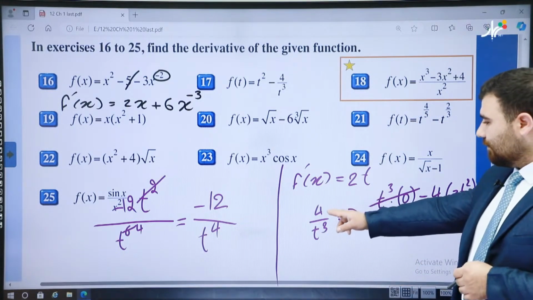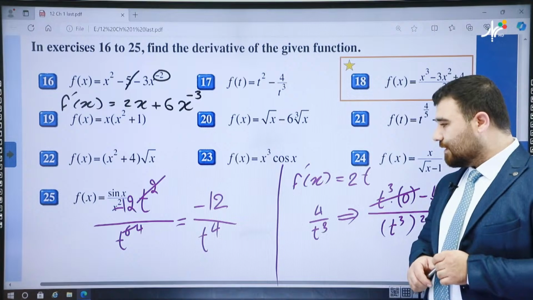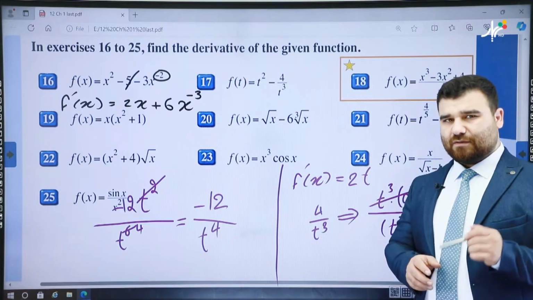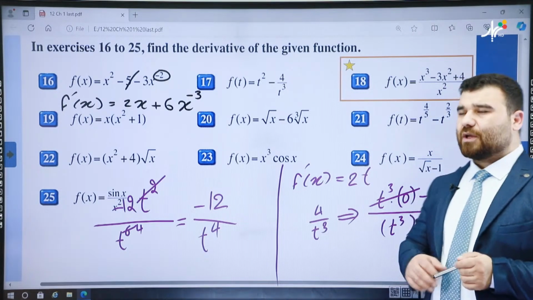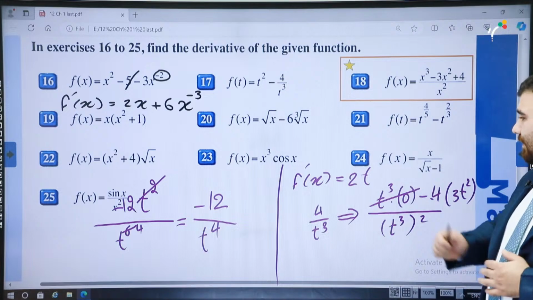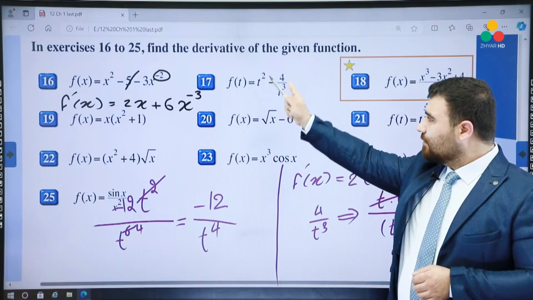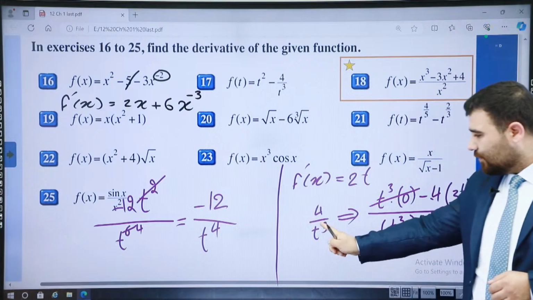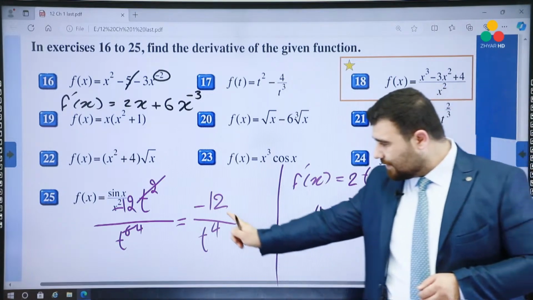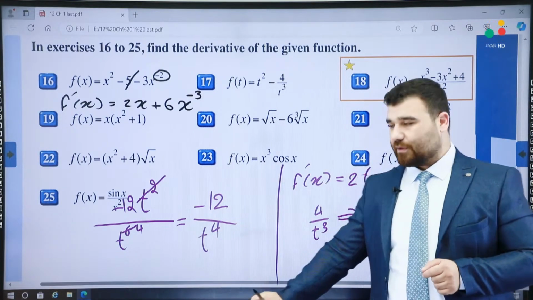For the part of 4 over t cubed. When you are solving questions, don't lose track. Look back to the question before you leave. We had two parts in the function. This part, 4 over t cubed, is here. We did the derivative. We got negative 12 over t power 4.